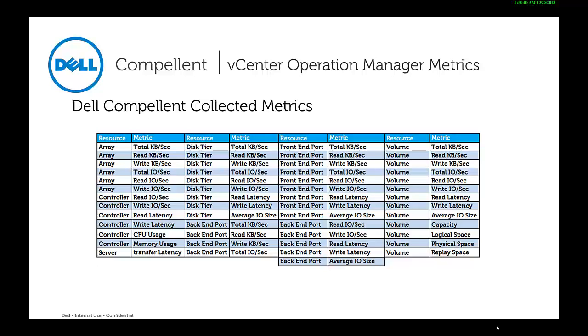These were chosen as it is believed that with this information we had enough information to distinguish if there's a storage issue or not within the environment. Not listed here is we also collect alerts from the environment as well, and we'll see that when we get into the demo. If you believe a metric is valuable to vCOps and is not listed here, please let me know.